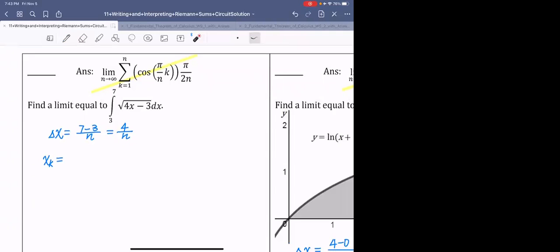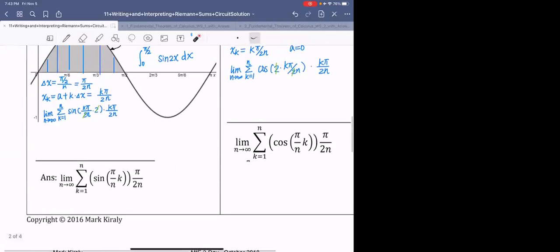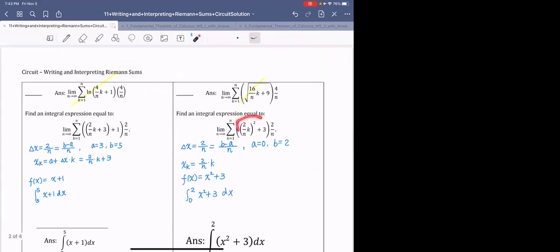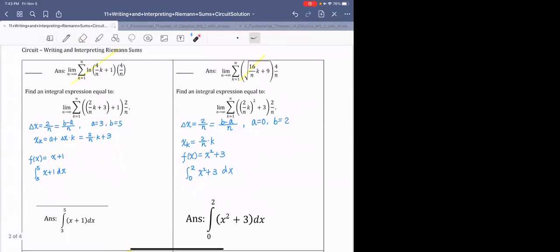Students, we get confused by the two formats. -3 is not your A. This is your A. The reason you want to see -3 as your A is because you confuse yourself with this. When you are converting the limit sigma format to the integral format, here A is 3. But when you are given an integral, that guy is exactly your lower bound.